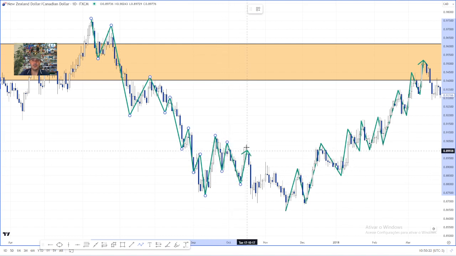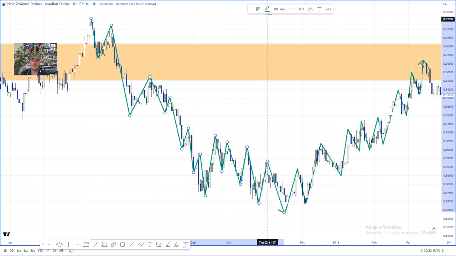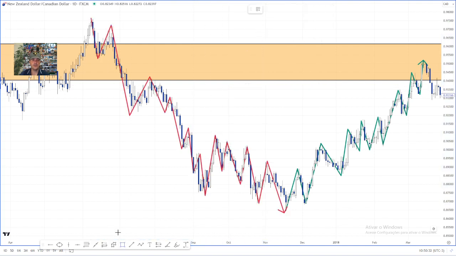The market is messy sometimes, but nonetheless it went to a lower low down to here, and I'm going to use red. The downtrend started up in here and finished down in here. Agreed?